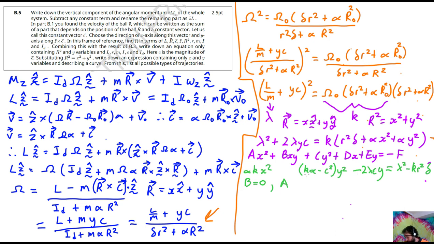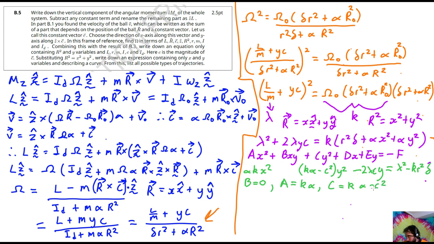Now I cannot see how they got that, so I believe what I've written is correct, but if somebody thinks that I'm wrong, please let me know and I'm happy to go back and change this. So I have A equals K alpha, and I have C equals K alpha minus C squared.